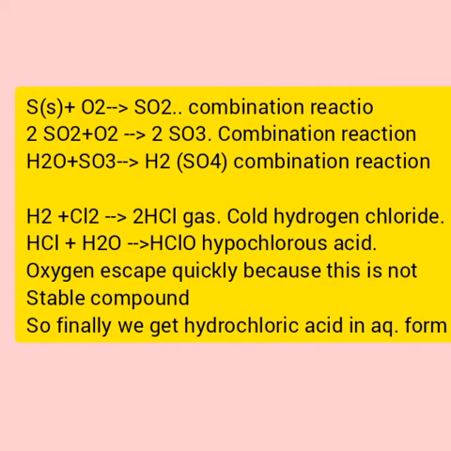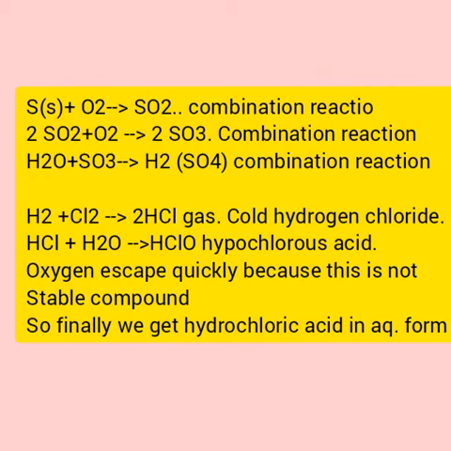HCl will be in the form of ions, H plus ion and chloride minus ion. The presence of H plus ions makes it an acid. Therefore, when it is aqueous, it is called hydrochloric acid. When it is gas, we call it hydrogen chloride. It's very important.